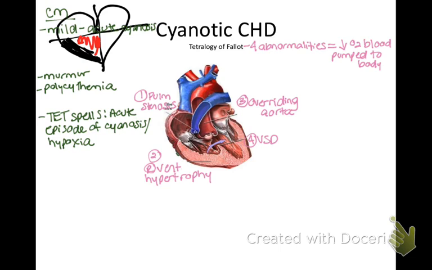So these babies are known to have what we call TET spells, all right? And this is an acute episode of cyanosis and hypoxia. And what's happening is, again, remember, it's all that supply and demand. This baby's supply is minimal. They don't have a lot of supply. So they can barely meet minimal demands, barely meet their food requirements, barely meet just normal. So anytime a demand is put on them, they can't meet it with their supply.